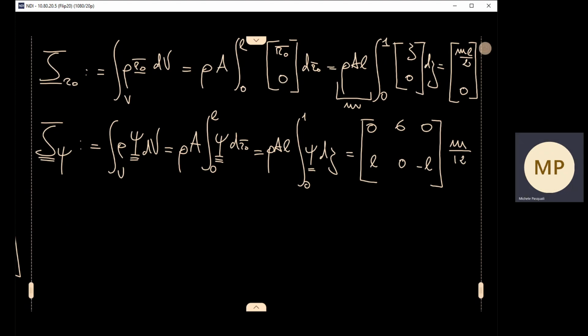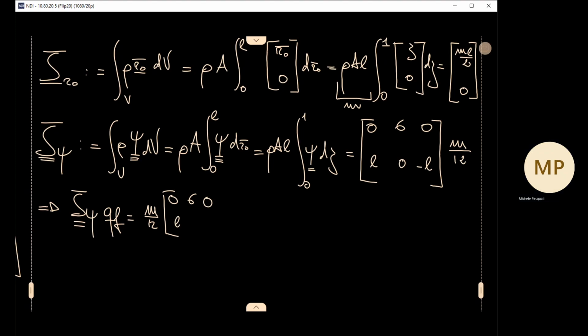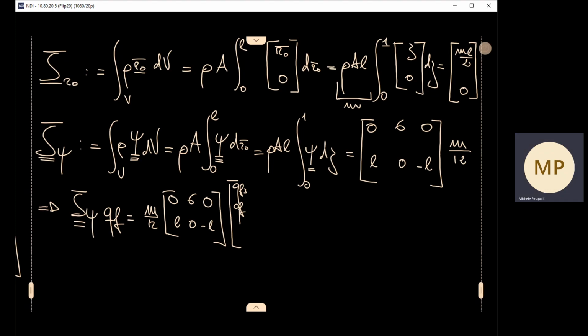So if this is true, and it is true, you get that S psi multiplied times QF is equal to M divided by 12 times 0, 6, 0, L, 0, minus L, times QF3, QF4, and QF6.